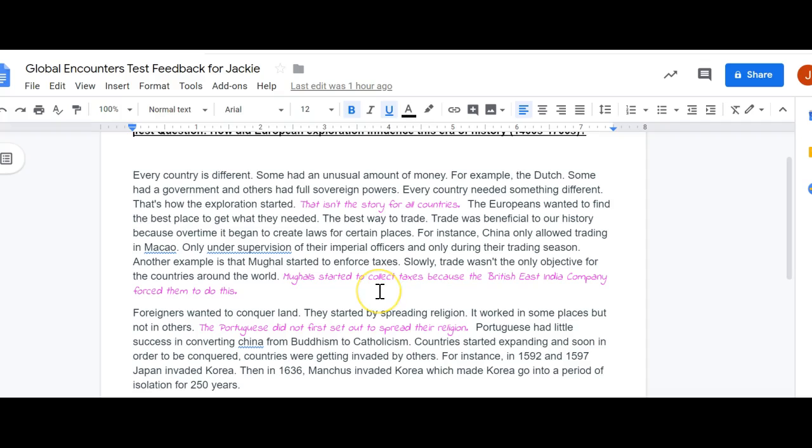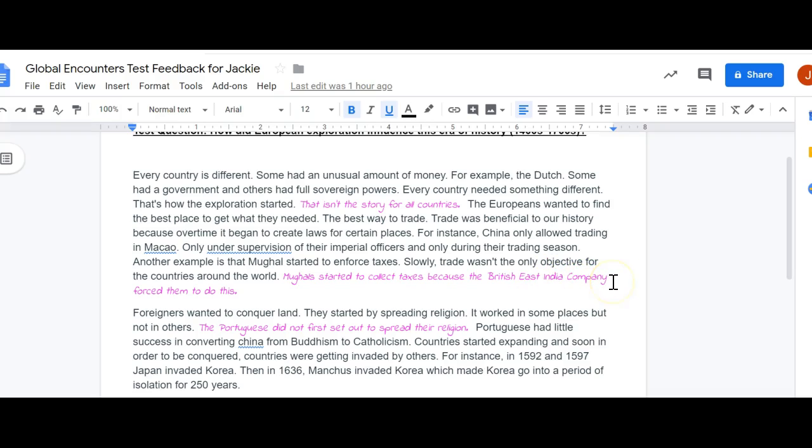Well, the Mughals actually started to collect taxes because the British East India Company forced them to do that. So when the British were in India, their way of controlling the Mughals, the Indians, was to make them collect taxes from their own people, but those taxes went to the British East India Company.